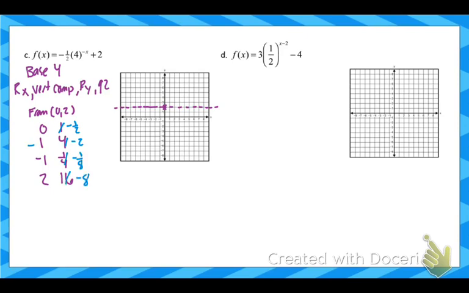Reflection over the y means I'm also going to change the signs of those first numbers. So I'm going to go over 0, down 1/2, left 1, down 2, right 1, down 1/8. And you see what I'm talking about with those fractions. It can get really hard to tell. And then left 2, down 8.